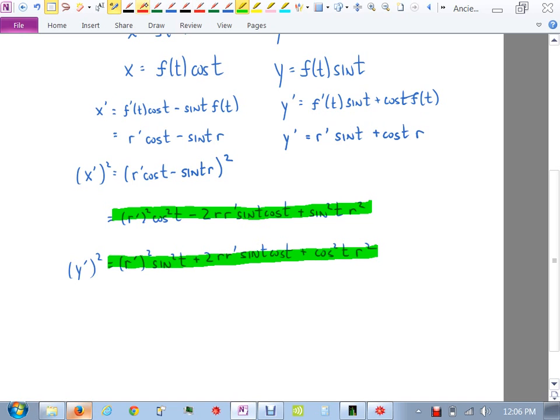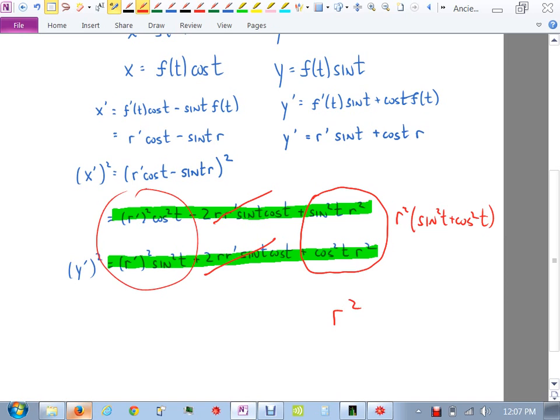And what you get is these cancel, right? What's these two together? Those both have r squared in them, right? So factor out an r squared, and you're just adding the sine squared t to the cosine squared t. Sine squared t plus cosine squared t is 1. So that's just an r squared.